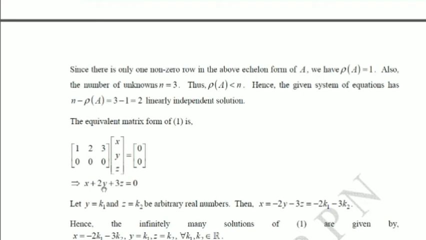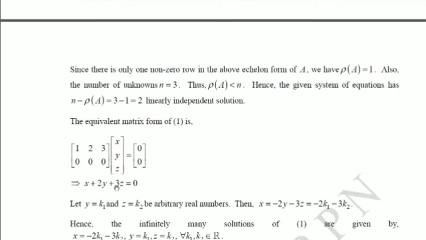If you want to find the y value, then you should know the x and z values. If you want to find the z value, then you should know the x and y values. That is possible only if there are more equations. But here I am having only one equation, so it's not possible to find the values of 2 unknowns at a time.